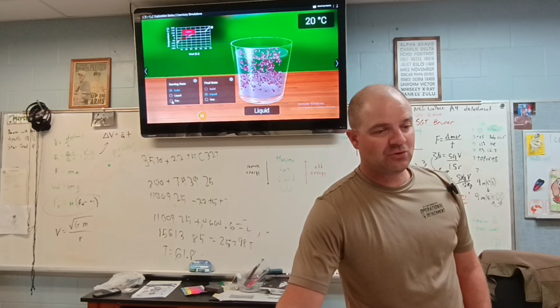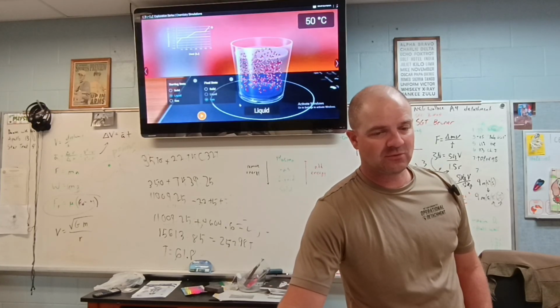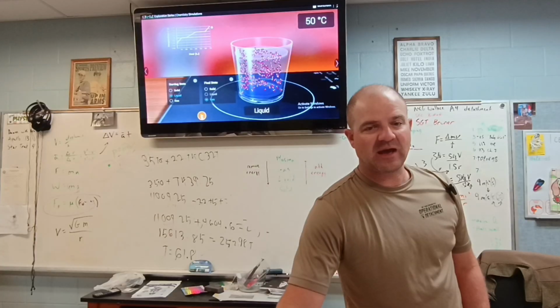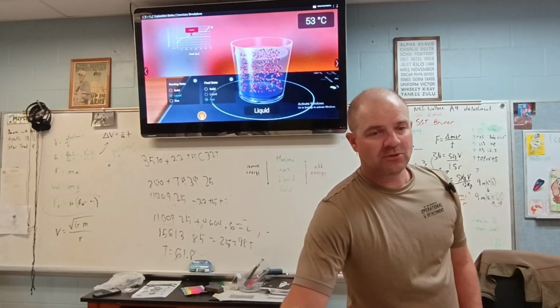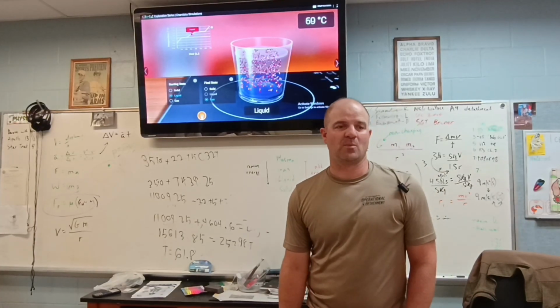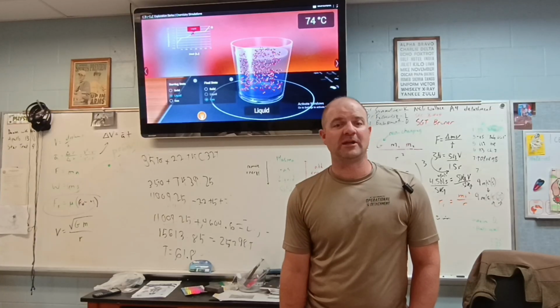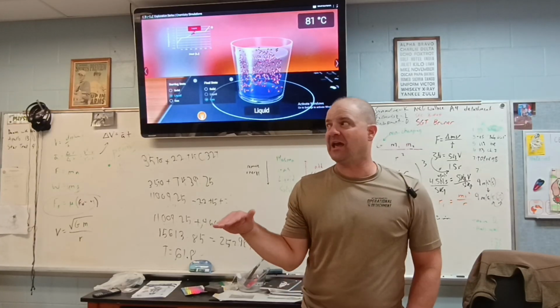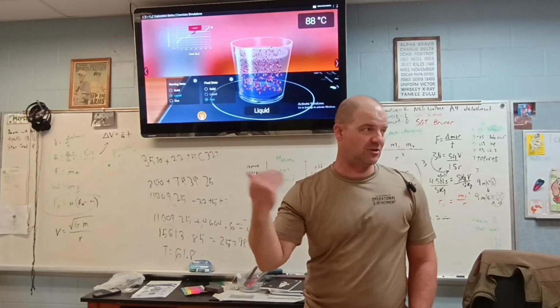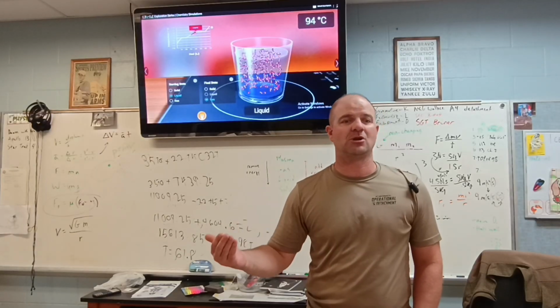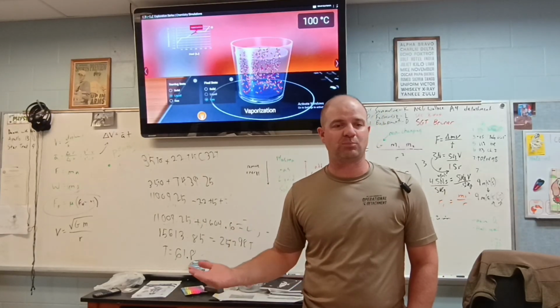Now, if we went to liquid to gas and hit play, so we got 50-degree water, start adding heat, gets warmer, gets warmer, gets warmer until it hits the boiling point, and then it's going to stay at the boiling point even as you're adding heat. It won't increase the temperature until all of the water has boiled off.